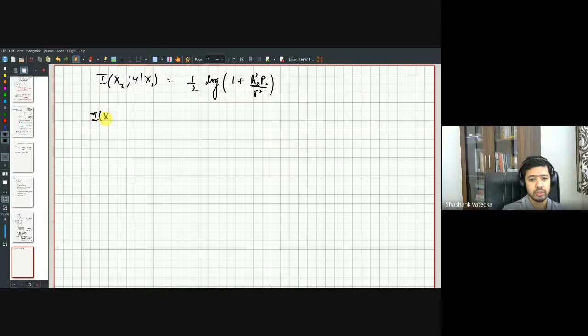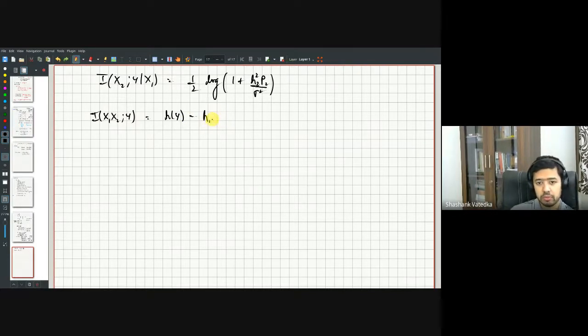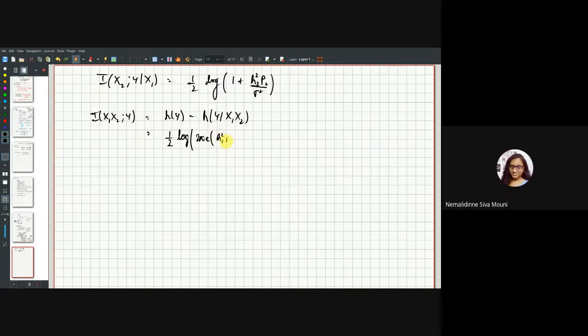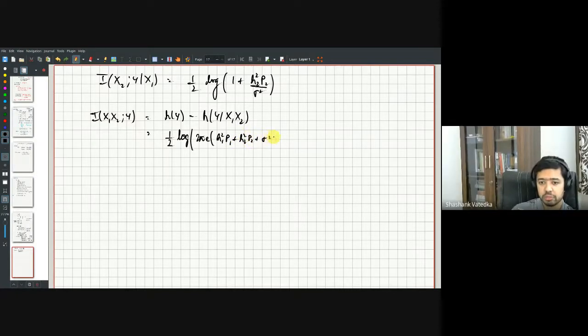All right, and what is the mutual information between x1, x2, and y? This is h of y minus h of y given x1, x2. What is h of y equal to? Half log 2 pi e times h1 square p1 plus h2 square p2 plus sigma square.